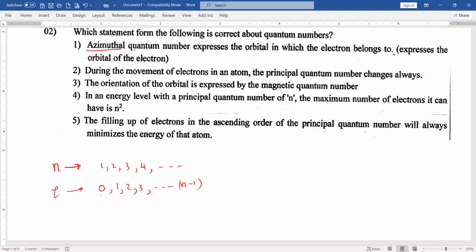L equals 0 represents the S sub-energy level, L equal 1 represents the P sub-energy level, L equal 2 represents the D sub-energy level, and 3 for F sub-energy level.